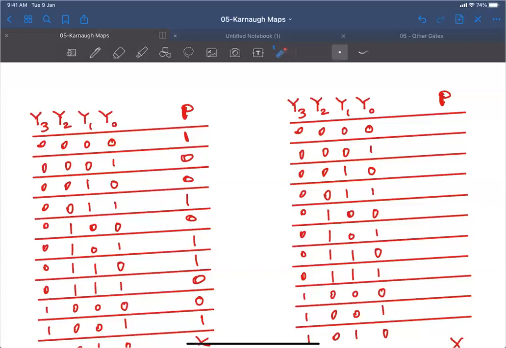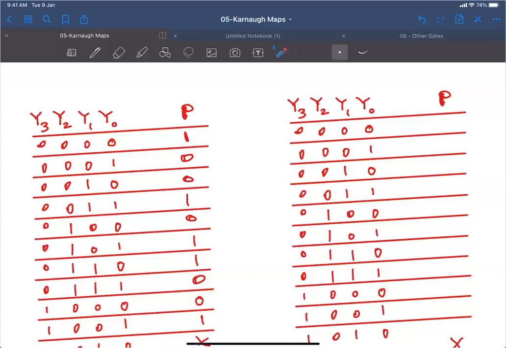Do you get it? Let's take another example. 0, 0, 1, 0. How many ones here? Ahmed is saying, if it's even, it should be 1. The answer is yes, because we are generating an odd parity.